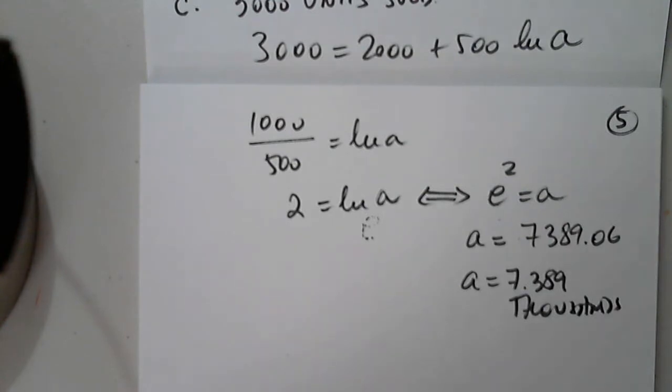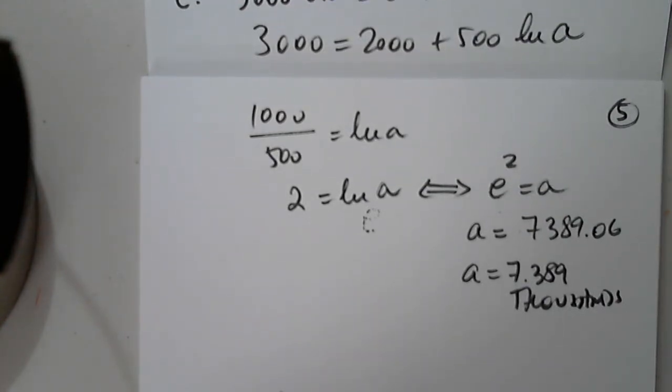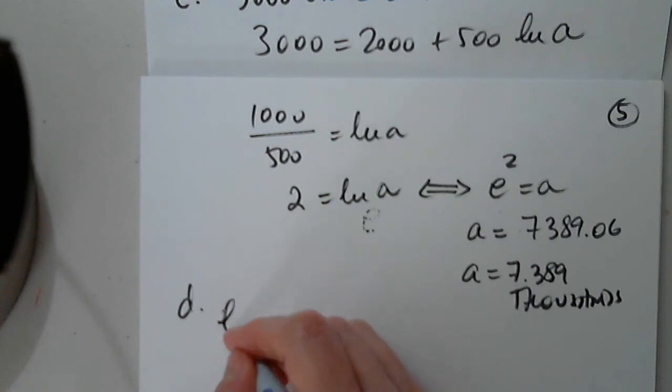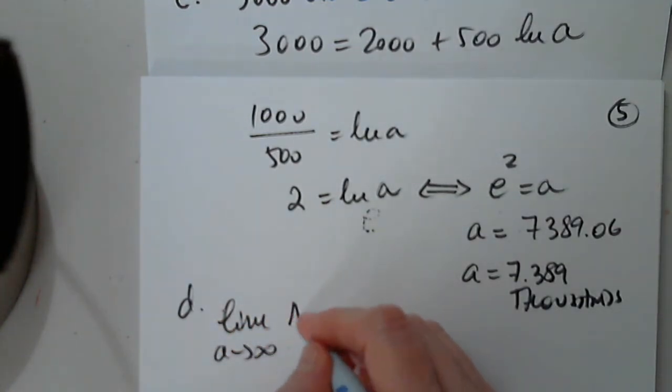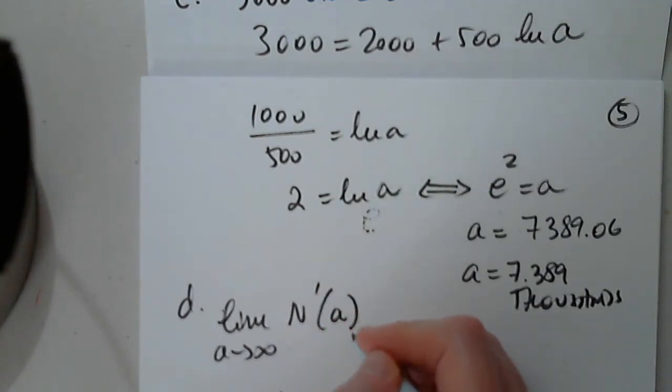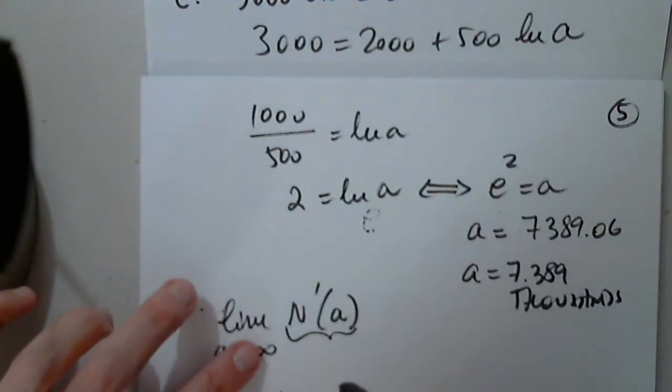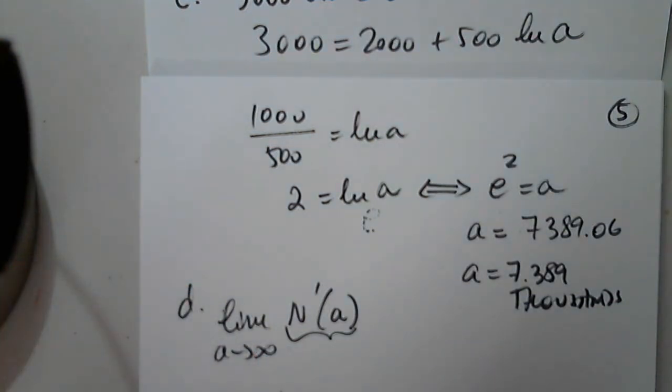Okay, final question here. Does it make sense to continue to spend more time on advertising? So in part D, they're asking us to find the limit as A approaches infinity of N prime of A, so the rate of change. The rate of change can be increasing or decreasing.